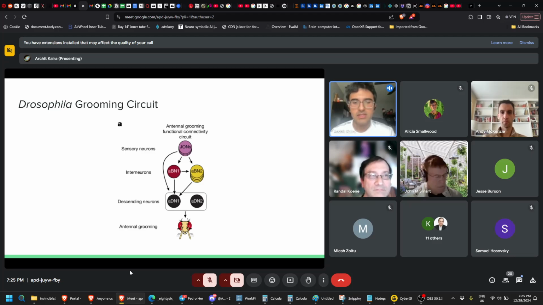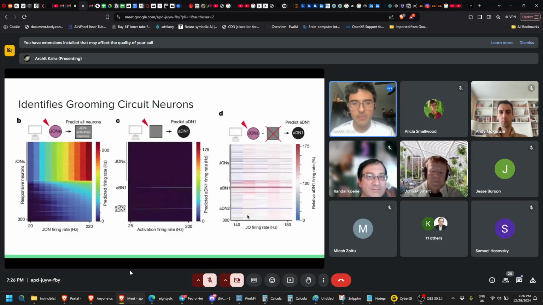What happens is these sensory neurons can either communicate to interneurons, which are ABN1 and ABN2, and they also communicate to descending neurons. But we're not exactly sure which descending neurons the Johnston's organ neurons communicate to. So it could be ADN1, it could be ADN2. We're just not entirely sure at the moment. And so this computational model was used to assess what sorts of connectivity we have present in the circuit based on that. And downstream, this leads to antennal grooming in the Drosophila.